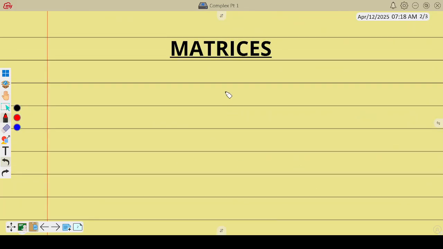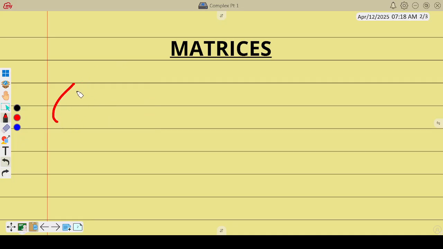Okay, so talking about matrices, we get straight in, no definitions. A matrix, this is plural, singular, it's matrix. So a matrix is whereby you have something that looks like this. You should be familiar with the basic operations of matrices.